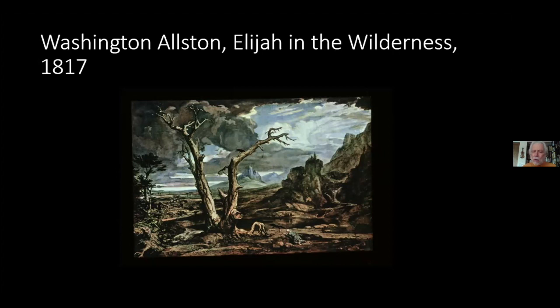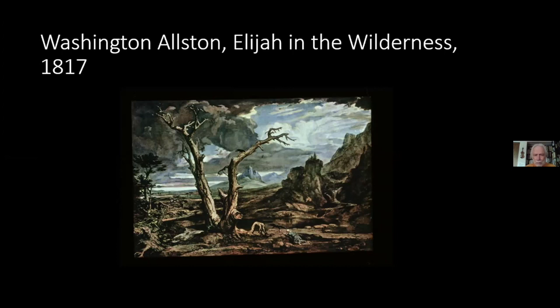I should say more romantic treatments of subjects. They were often the same kind of religiously based subjects as other artists had, but now instead of classical balance, we have a much more dramatic and romantic setting, as you can see here.